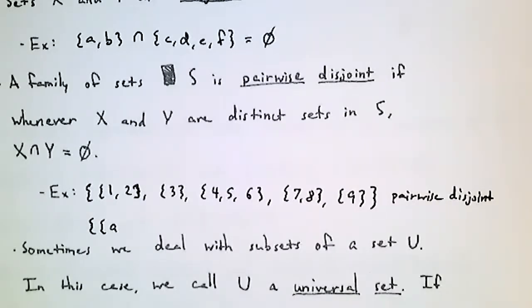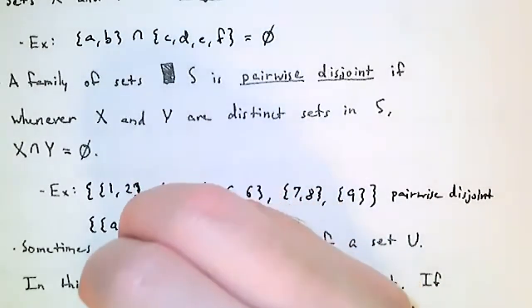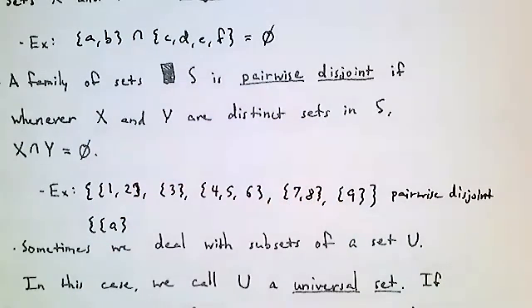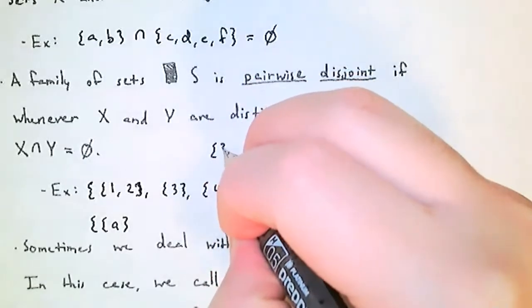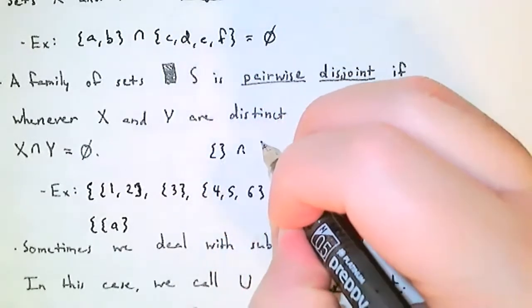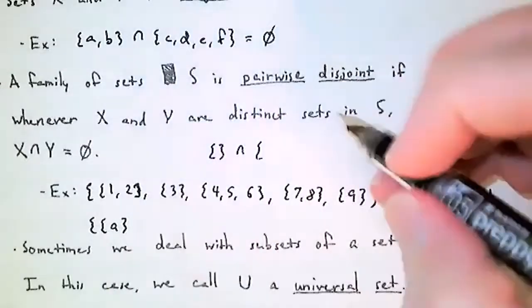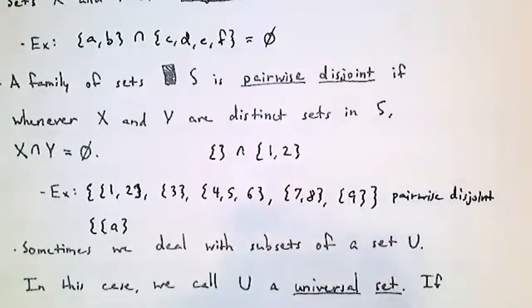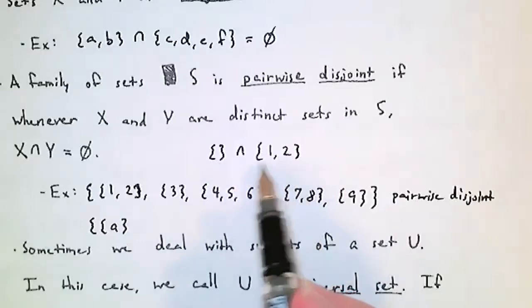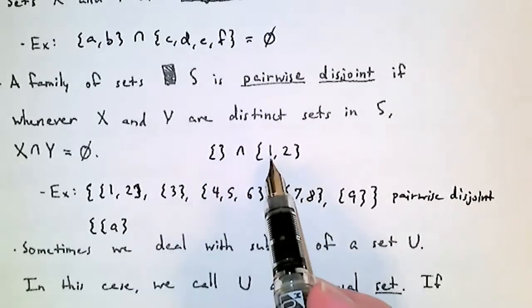Aren't empty sets? Okay, so how to answer that question. The empty set doesn't have anything inside of it. So if I took the empty set and tried to see what it had in common with any other set, let's say 1 and 2, what's in common between these two sets? What elements do they share?